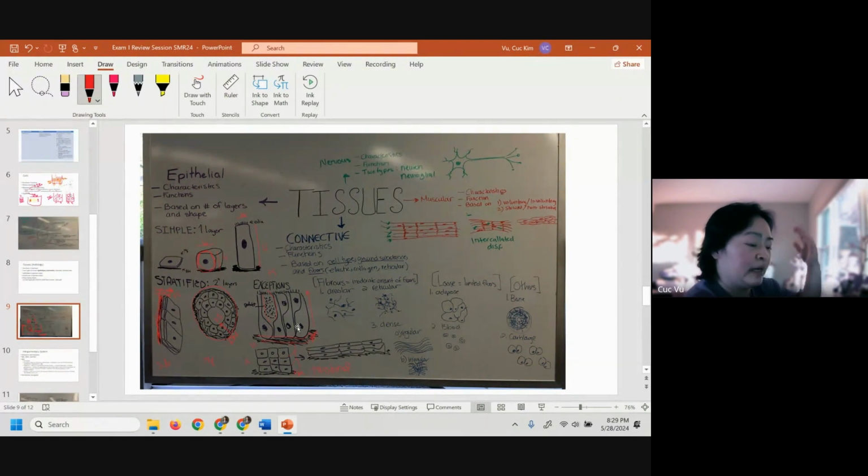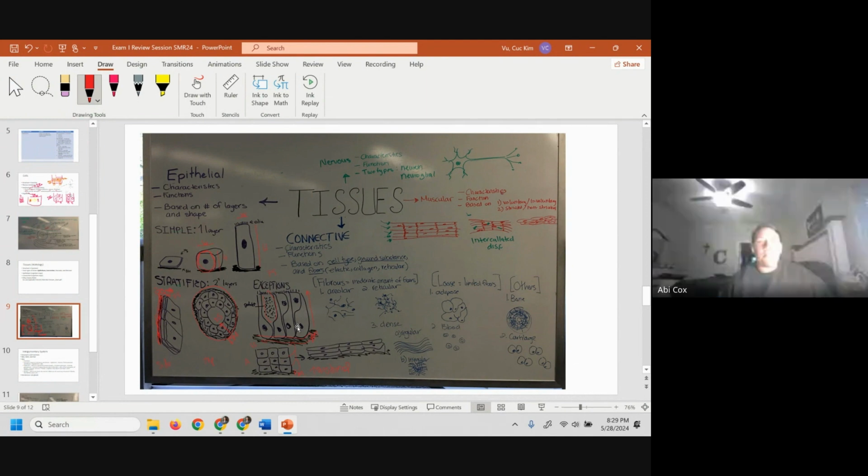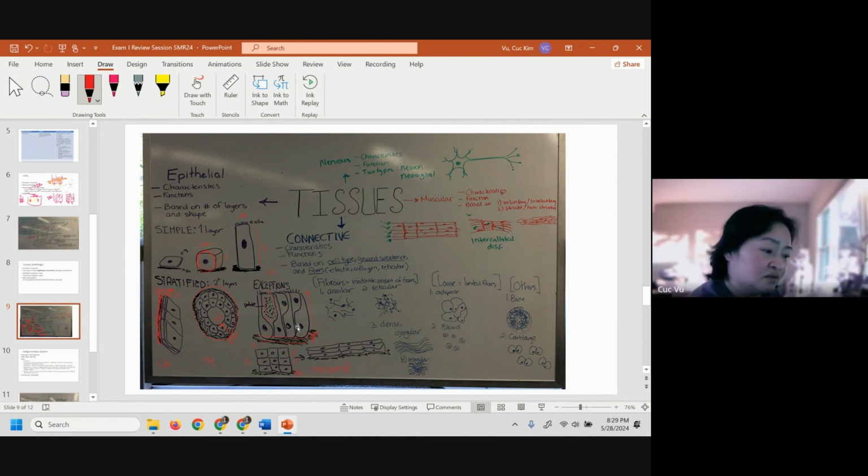Within your body, there's not that many areas that have pseudostratified columnar epithelium. So where would it make sense for you to have lots of mucus and cilia to move things along? In your mouth. Digestive. So a lot in your respiratory system.